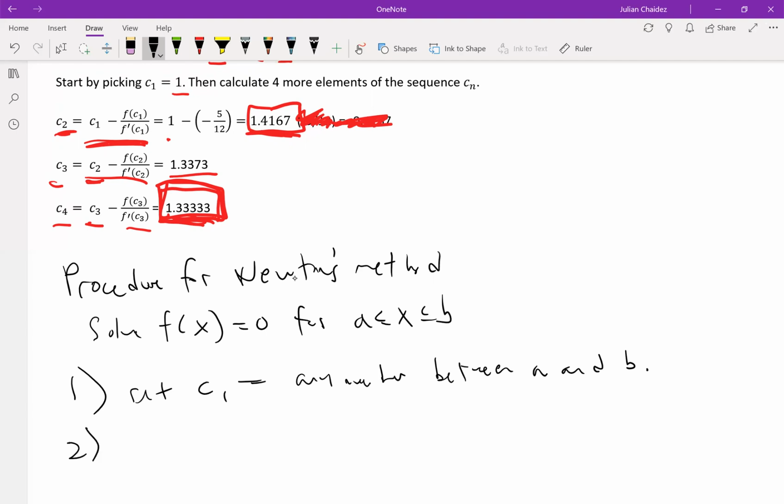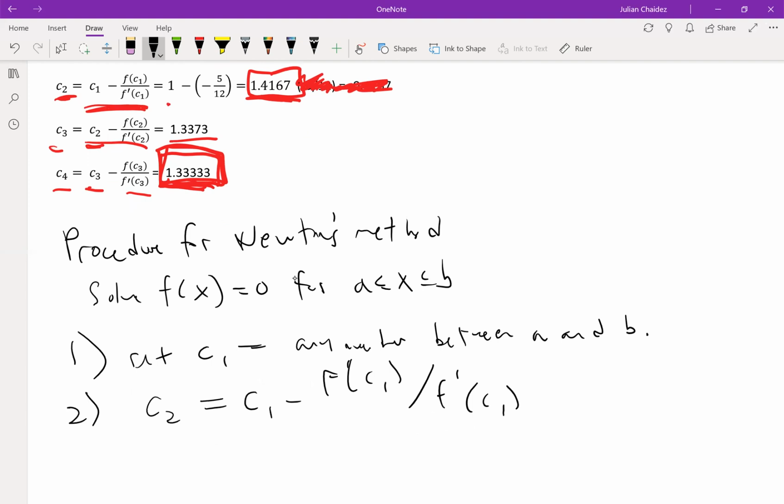And then the second step is you compute C2 as C1 minus f of C1 divided by f prime of C1. So you calculate this.